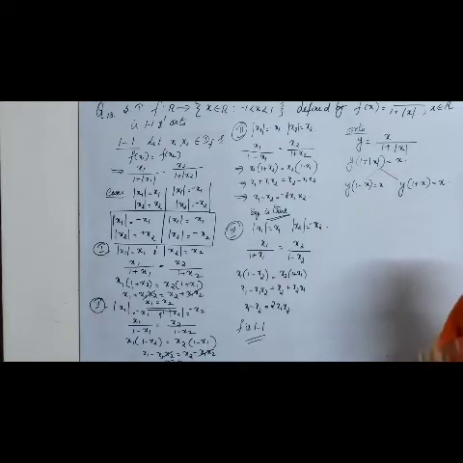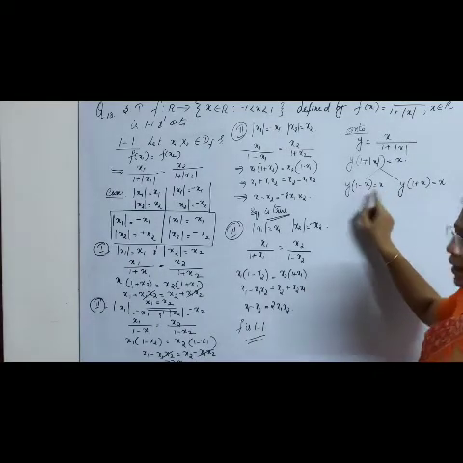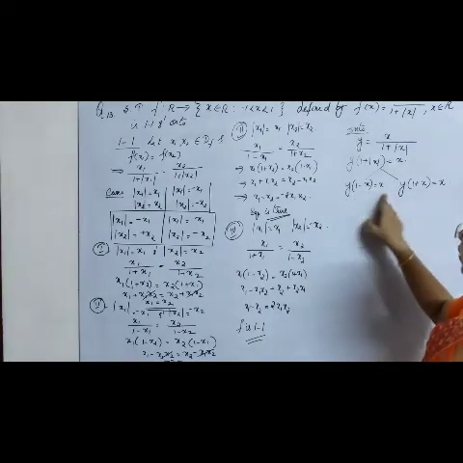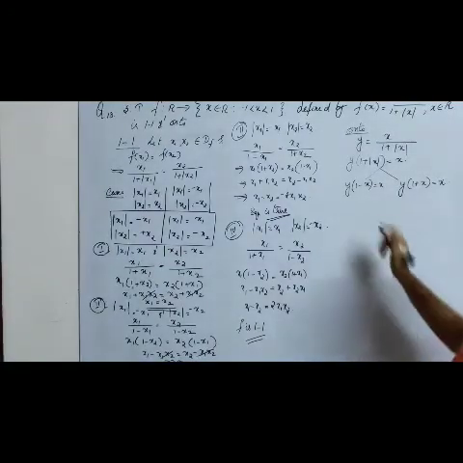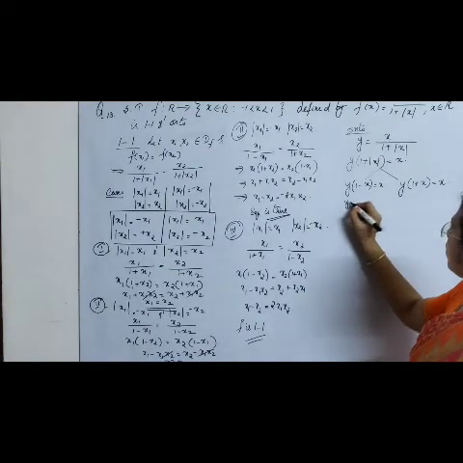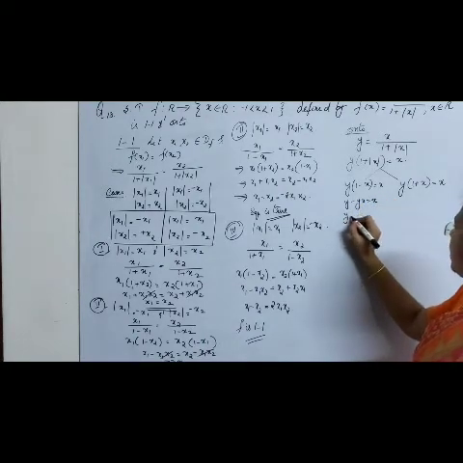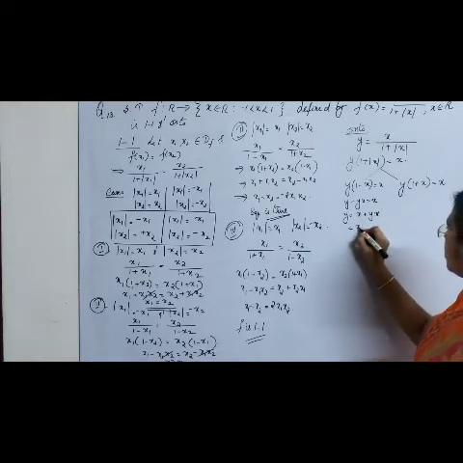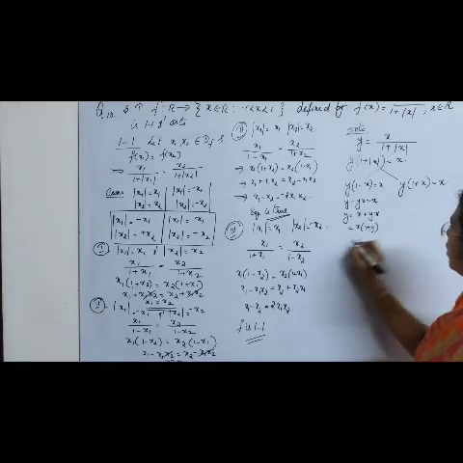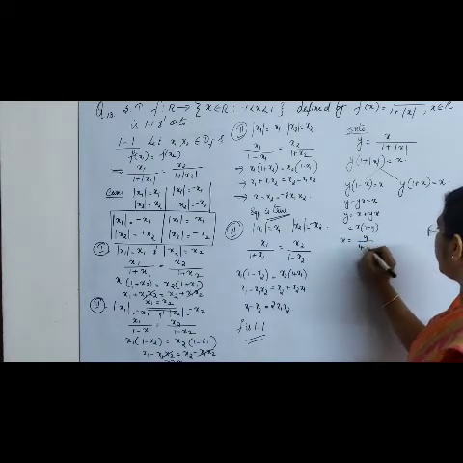Now I may express this in terms of x represented in terms of y. Now, both sides you have x. Now I cannot say that this is either x completely or y completely. So here I write in terms of x, where y minus yx is equal to x. y is equal to x plus yx, which is x into 1 plus y. So x is equal to y by 1 plus y.